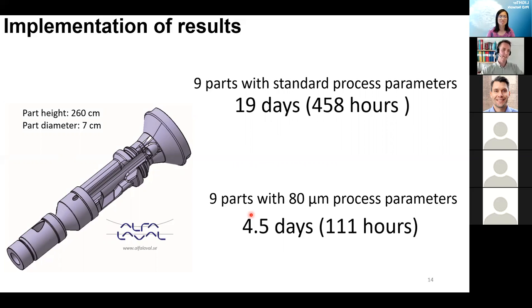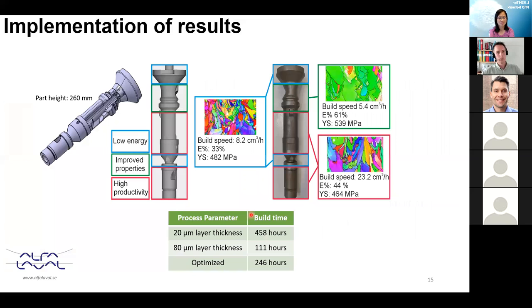The next step in this case study was to address something more suitable, as they had other requirements depending on the location of the part. So what we did was divide the part into different sections where the demands were different. At the lower part, there were actually no forces.